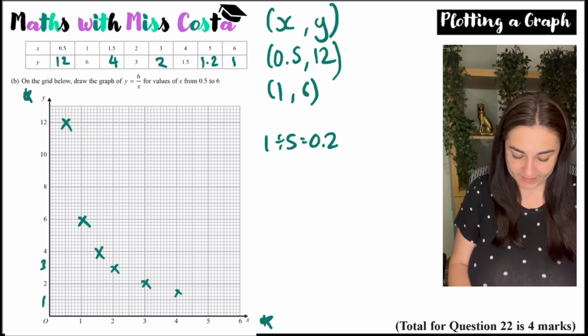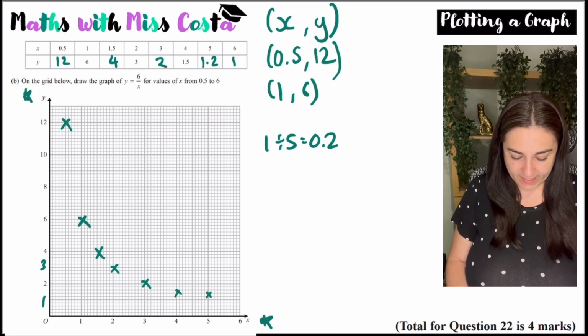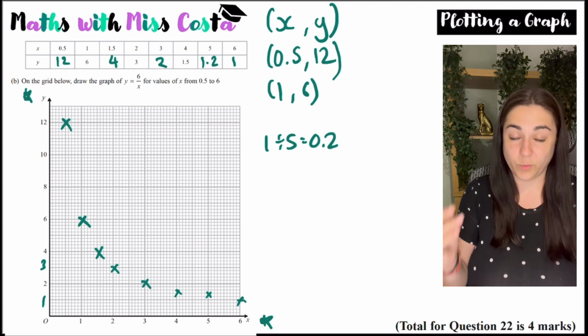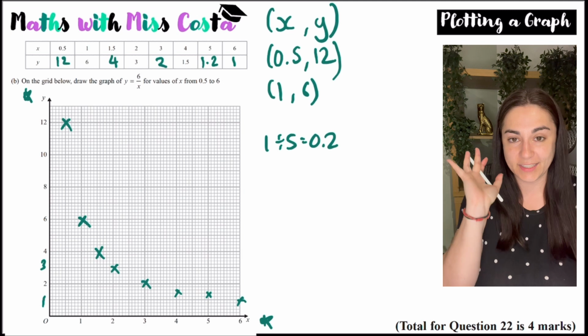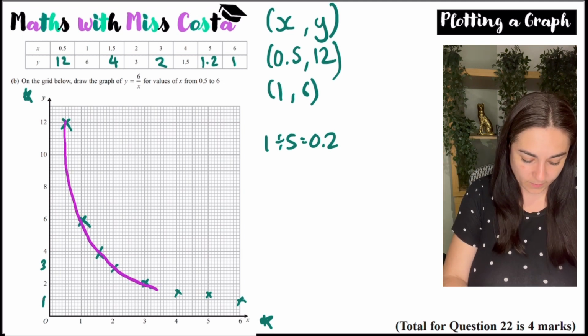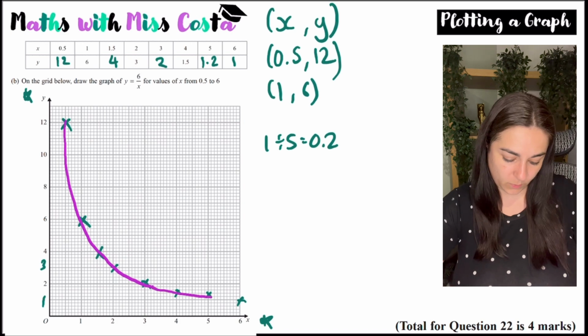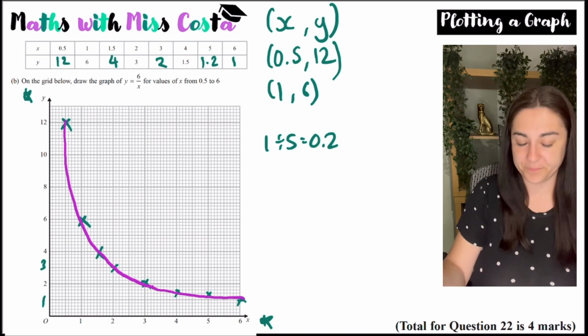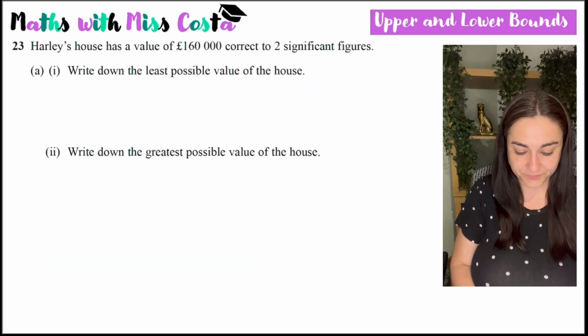So each little square is 0.2. So that would be over there. And then 6 and 1. And when you have any graph, unless it's a straight line graph, a linear graph, you join it freehand with a curve. So you join all of the points together like that. And that's how I do that.